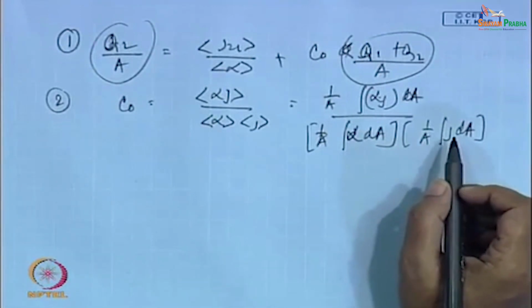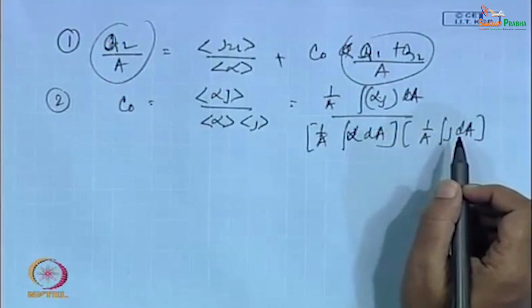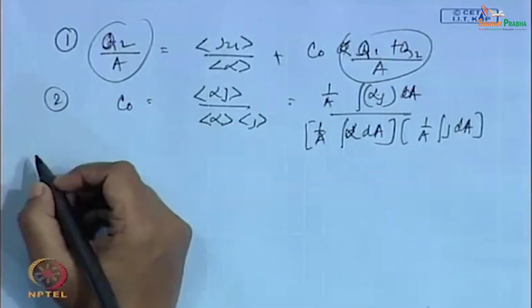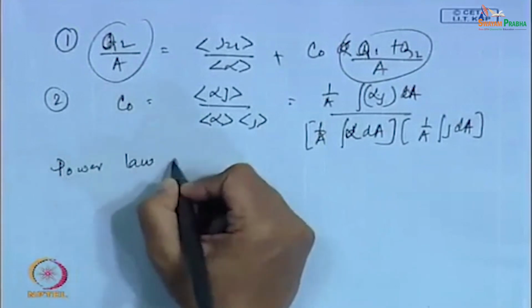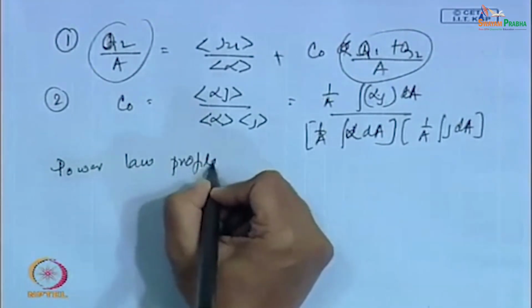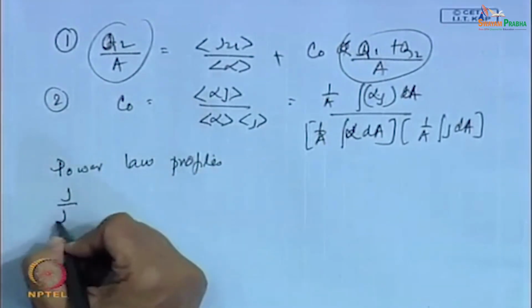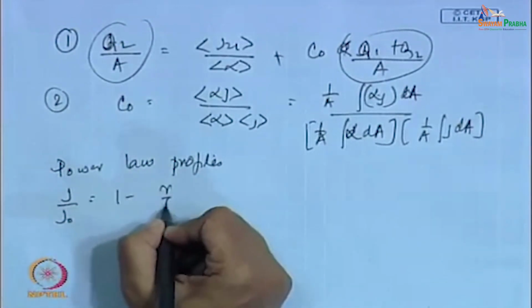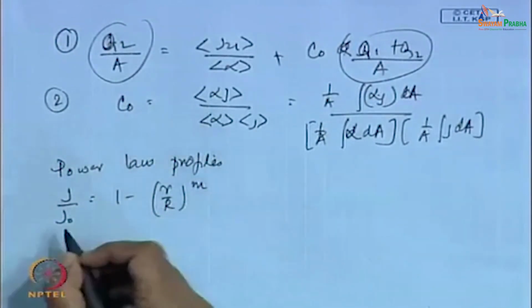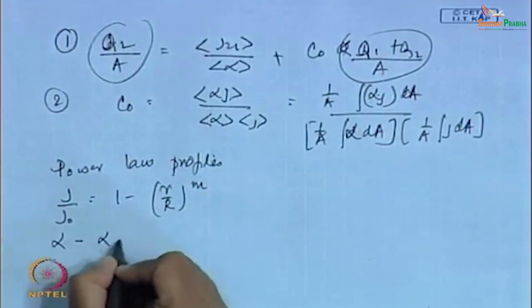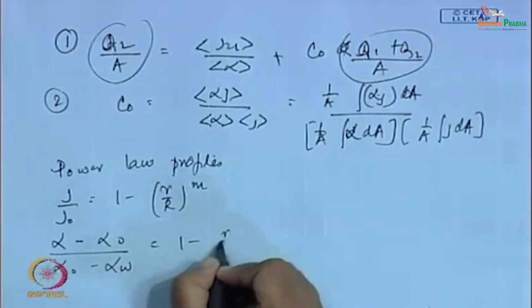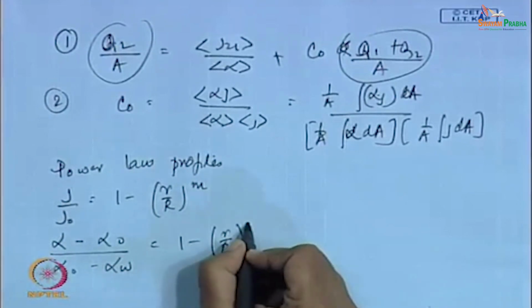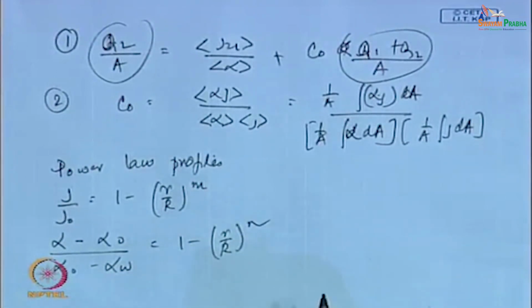Usually we assume parabolic or power law profiles. Okay? Usually the type of profiles which we assume are power law profiles, which give you j by j0 equals 1 minus r by R whole to the power m, and alpha minus alpha w by alpha 0 minus alpha w equals 1 minus r by R whole to the power n. Okay. Usually we have such power law profiles.